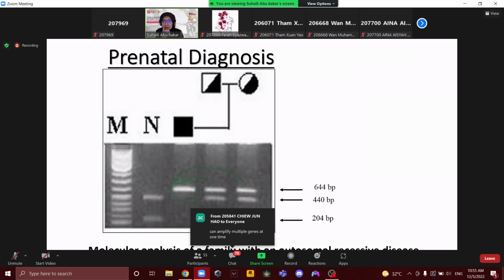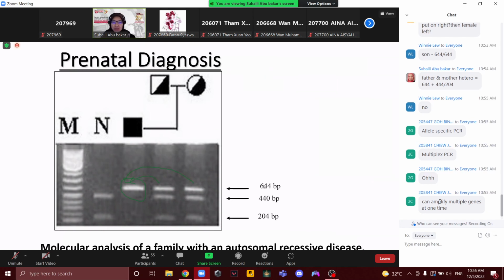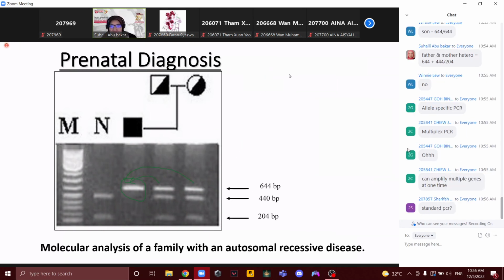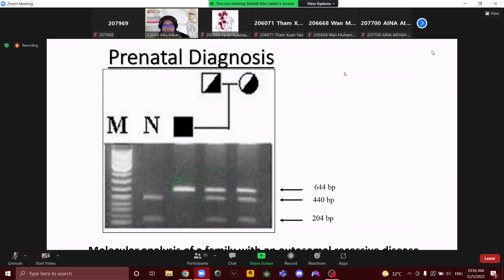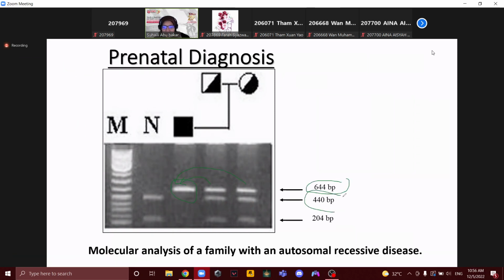This one is not multiple genes, Junhao. This is the same gene, different lanes. This does not indicate different genes.